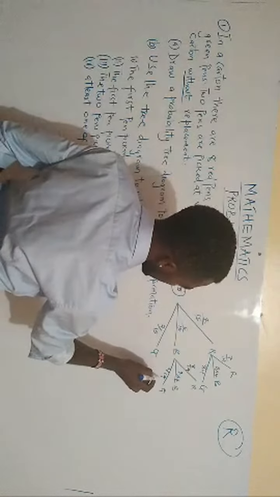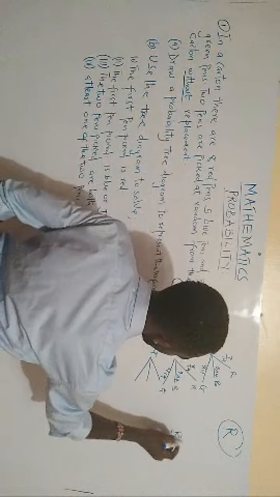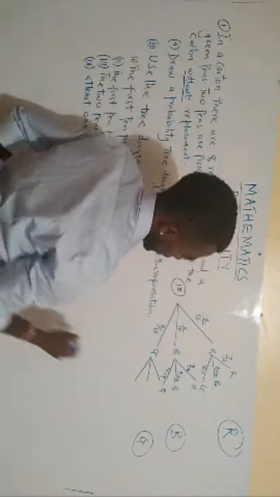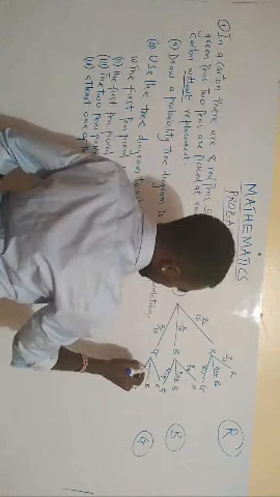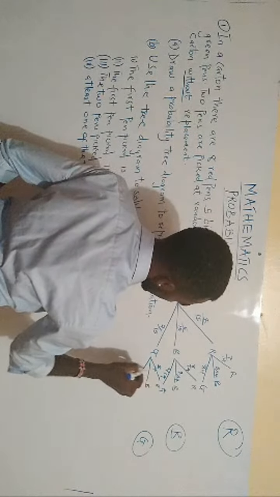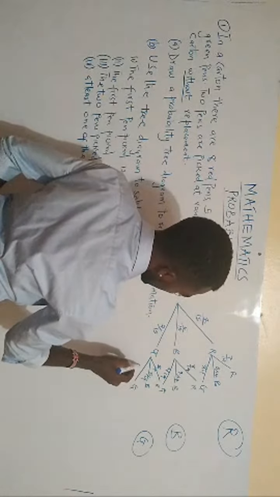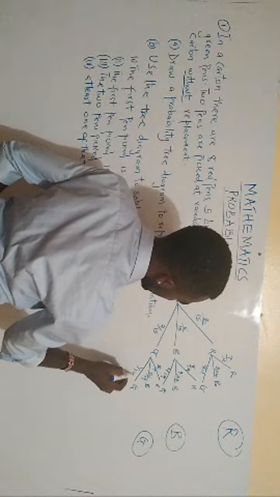Then if we consider green first, red stays 8 out of 14, blue stays 5 out of 14, and green will be 1 out of 14.